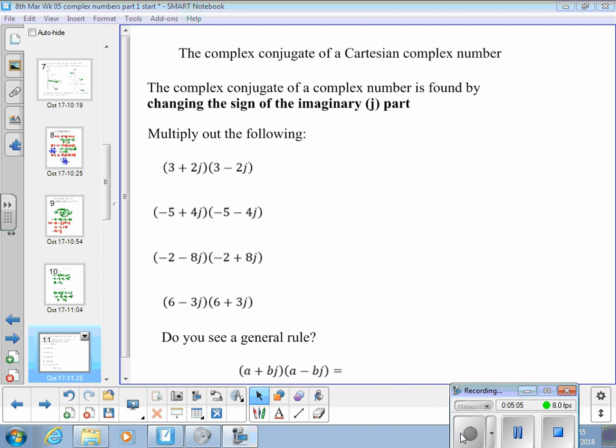Right guys, the way I'm going to write this out so that you can see where the general solution comes from, or what the actual constant is made up of, is like this. 3 times 3, 3 squared. 3 times minus 2j, minus 6j. 3 times plus 2j, plus 6j. And 2j times minus 2j is minus 4j squared.